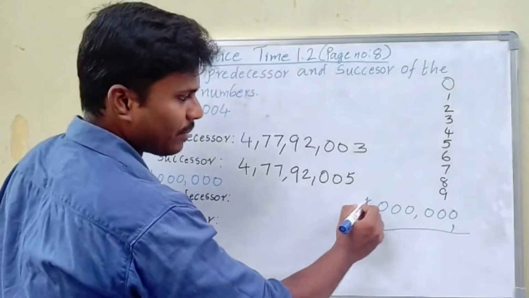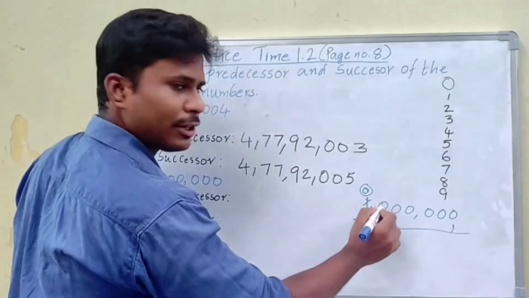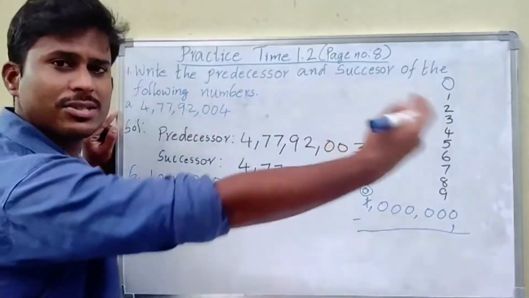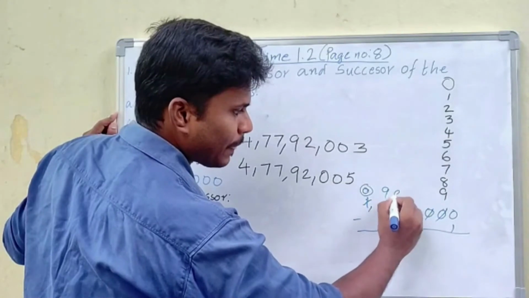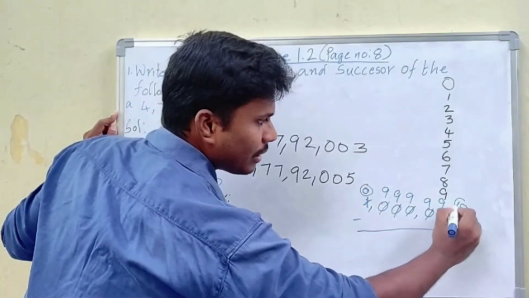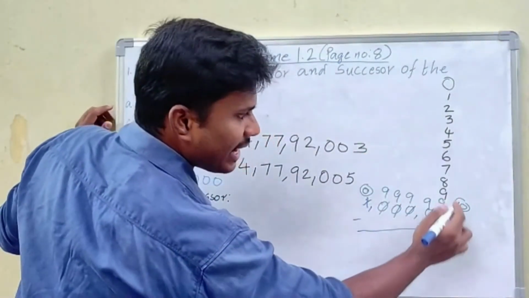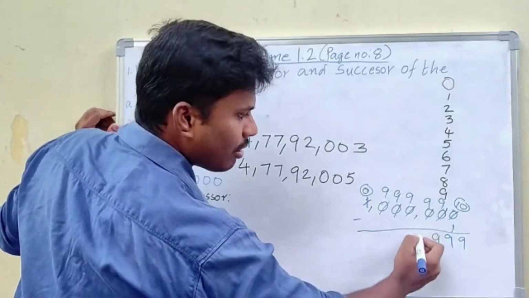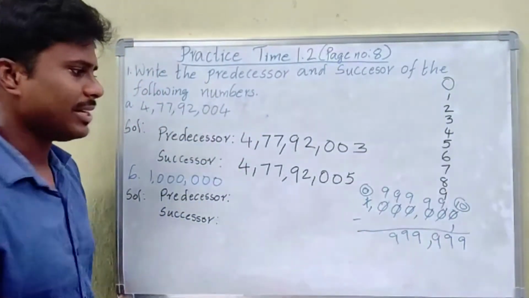So we have to regroup from here, and here we will be 0. From here we will regroup, here we will have 10, but automatically we have to bring it to the last digit. So everything will be left over as 9 only here. 9, 9, 9, 9, 9, and the last group will become 10. Now 10 minus 1 gives us 9, and 9 nothing minus, so 9 we have to write here. Same 9 you have to write, all the 9s you have to write. Okay, now 0 and nothing is there.